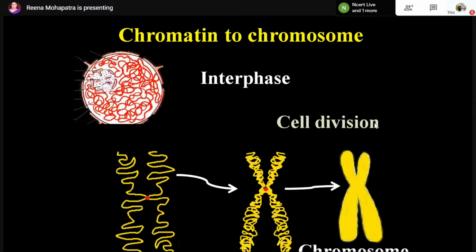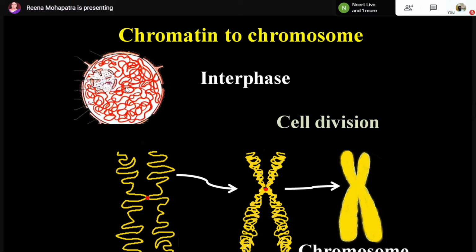The fourth thing present in the nucleus is called chromatin fibers. During interphase, what is interphase? Interphase is the phase when the cell is not dividing, in between two cell division phases.